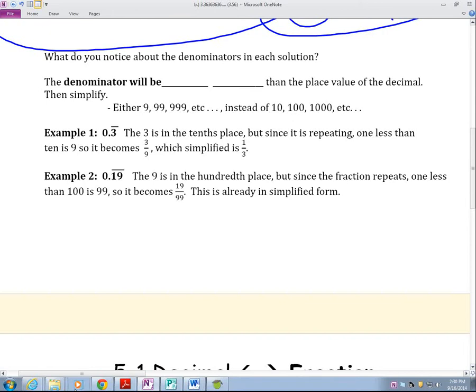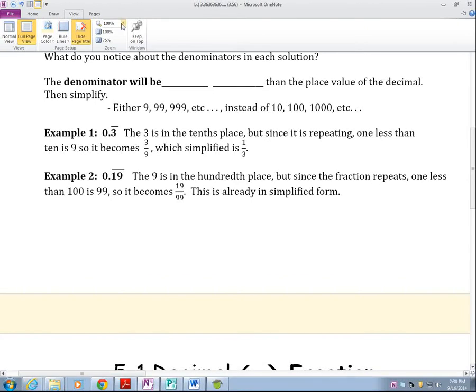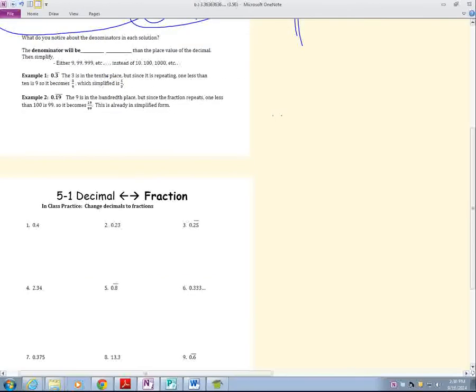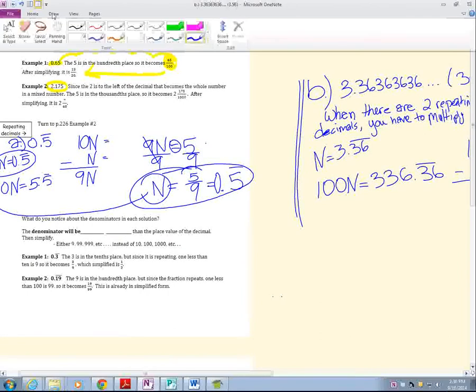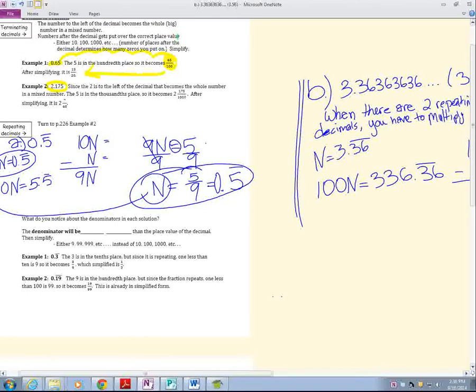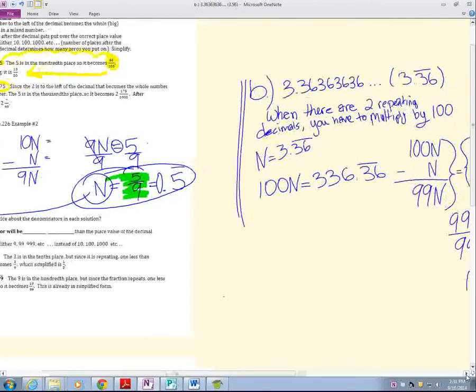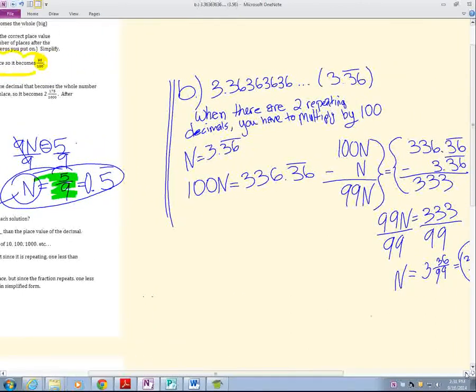Here, this one wasn't simplified. N equals 5/9. This one was 3 and 36/99.